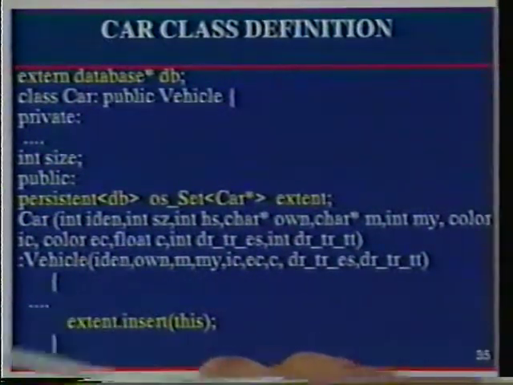To summarize, extent is like a bag or a set, and you can throw instances into this variable called extent. So extent can be viewed as a set where you can keep inserting values.